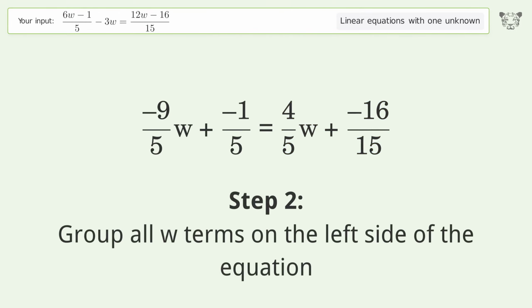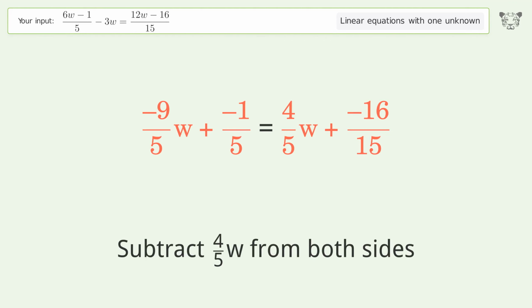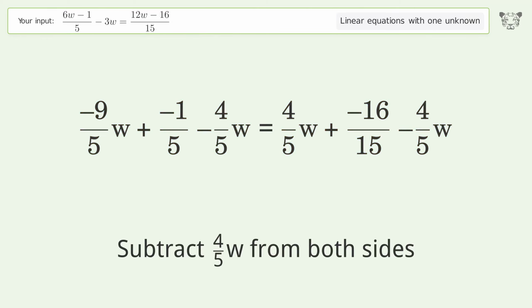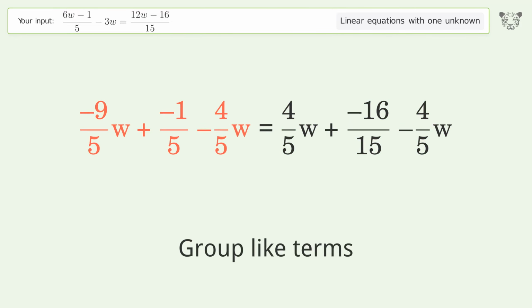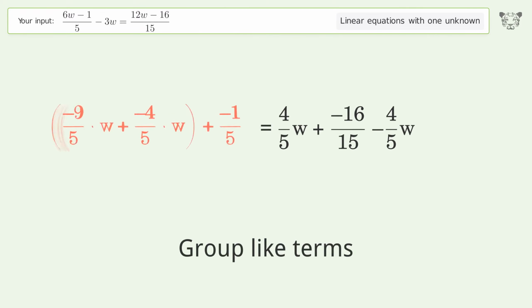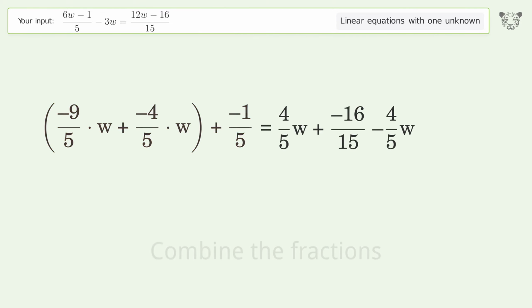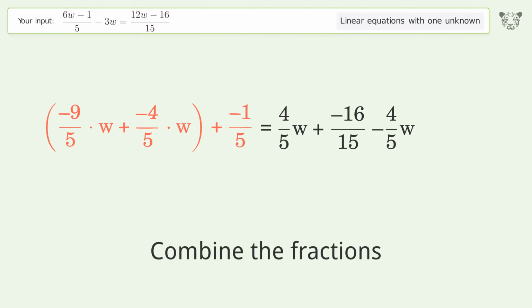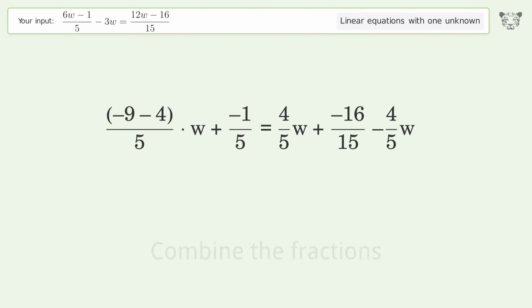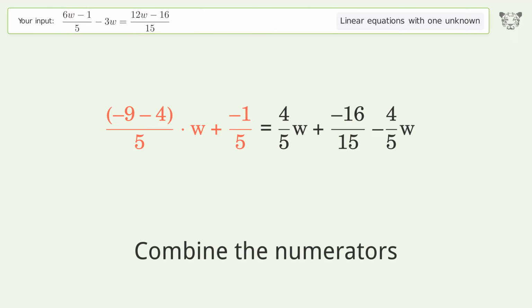Group all w terms on the left side of the equation. Subtract 4 over 5w from both sides. Group like terms. Combine the fractions. Combine the numerators.